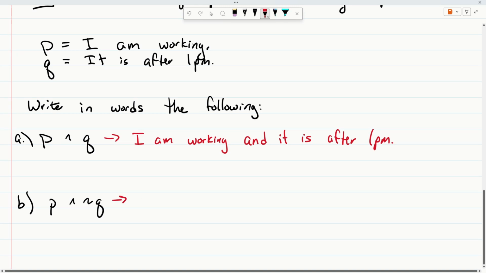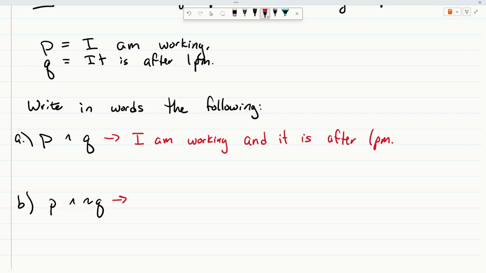The second example is P and not Q. So let me write that underneath. P and not Q, which means I need to negate the second statement. So do not overcomplicate this. Just use the word not. It's that simple. So here's P. I am working.